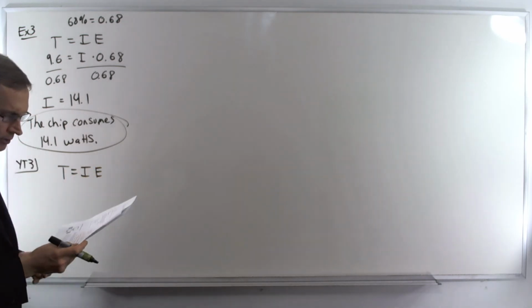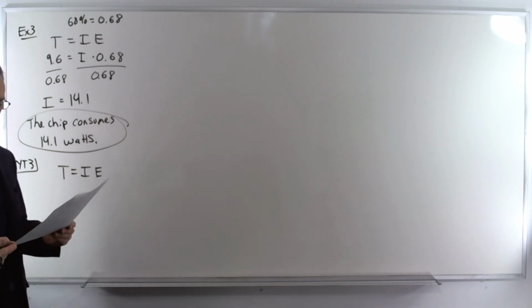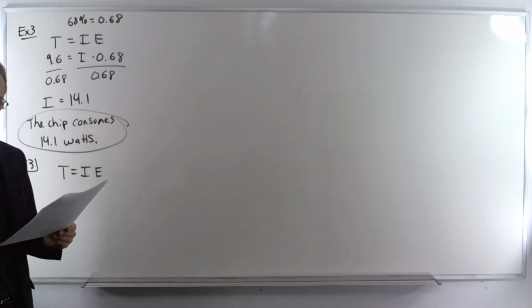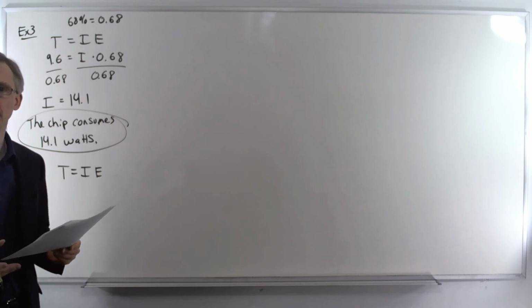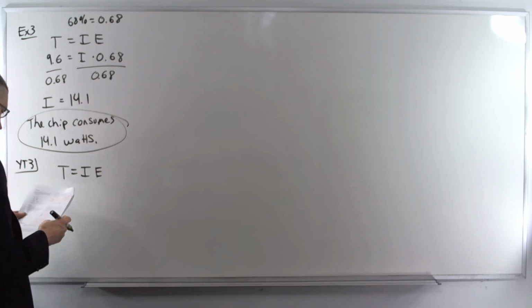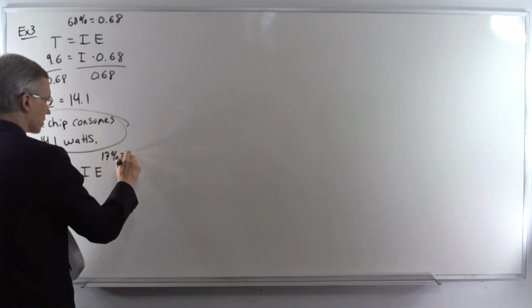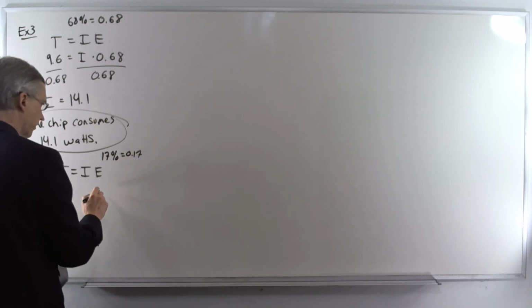A solar panel produces 196 joules of electrical power. If the panel converts sunlight at an efficiency of 17%, how much power does the panel absorb in sunlight? All right, 17%, 0.17, so we'll plug that in for the efficiency.